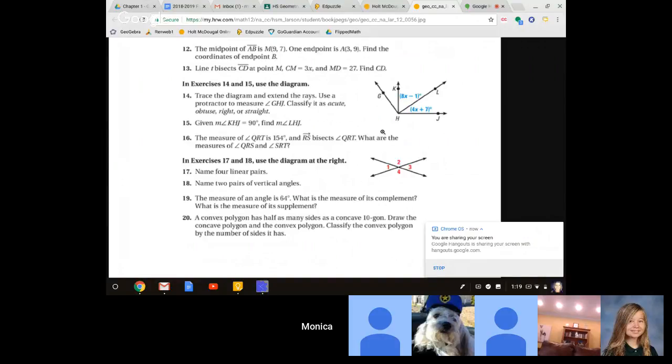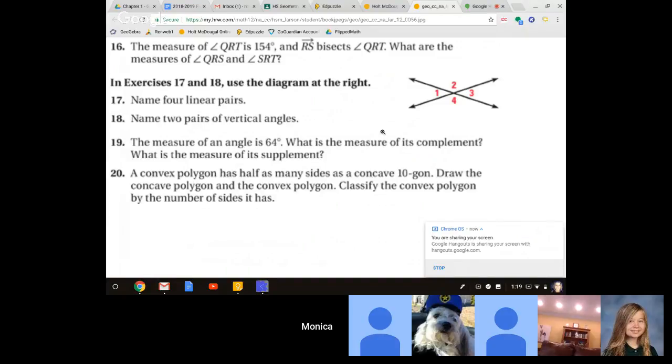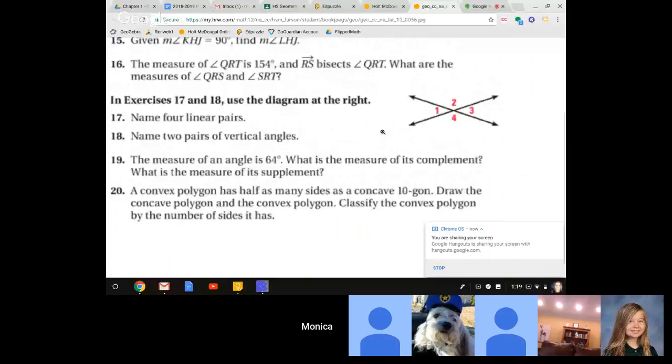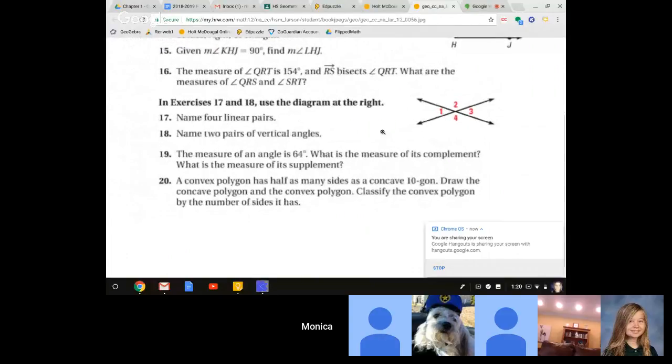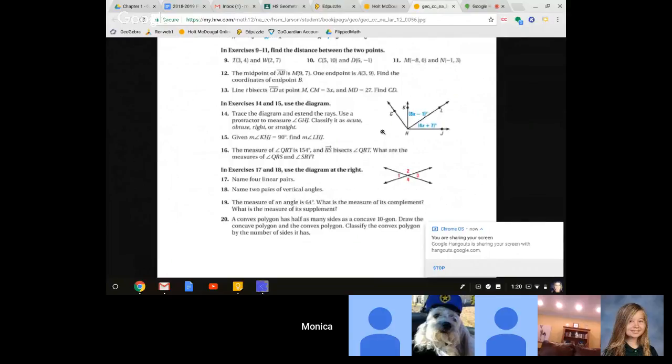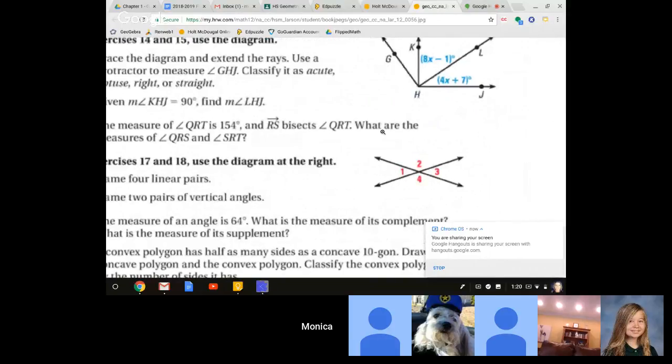It's when the angles are adjacent and they share the same side. Yeah, they're adjacent and then they form a line. So if you look at the picture, pick the line and follow from left to right, and you can see that 2 and 3 are adjacent angles, right?